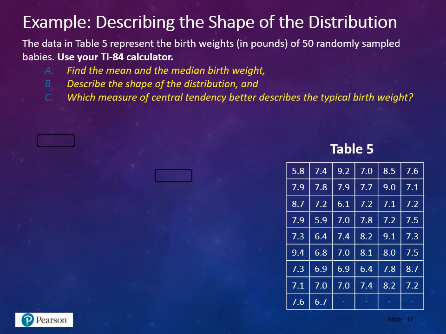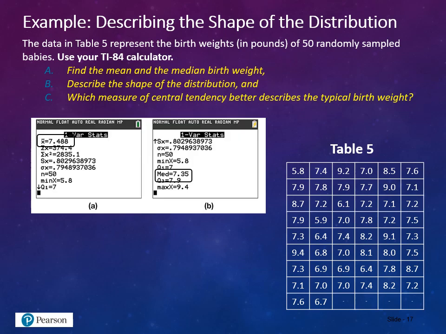So hit pause now, use your TI-84 calculator, and find the mean and the median from the data in Table 5. B, describe the shape of the distribution, and C, which measure of central tendency better describes the typical birth weight. So if you haven't done so already, hit pause and go and use your TI-84 and calculate the mean and the median.